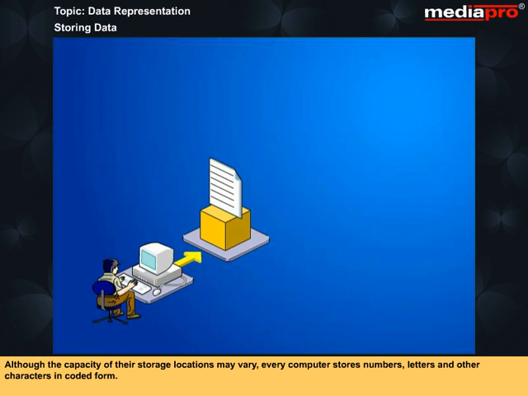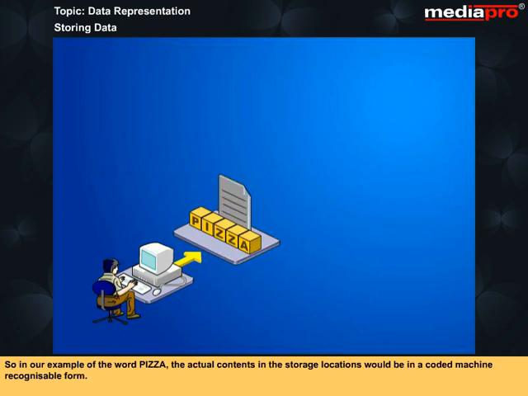Although the capacity of their storage locations may vary, every computer stores numbers, letters, and other characters in coded form. Computers eventually recognize any item in a coded form. So, in our example of the word pizza, the actual contents in the storage locations would be in a coded machine recognizable form.